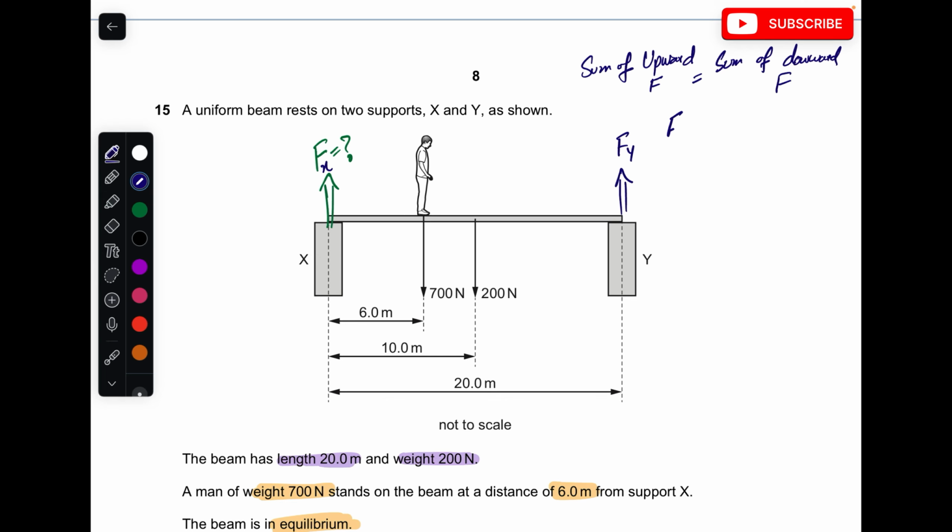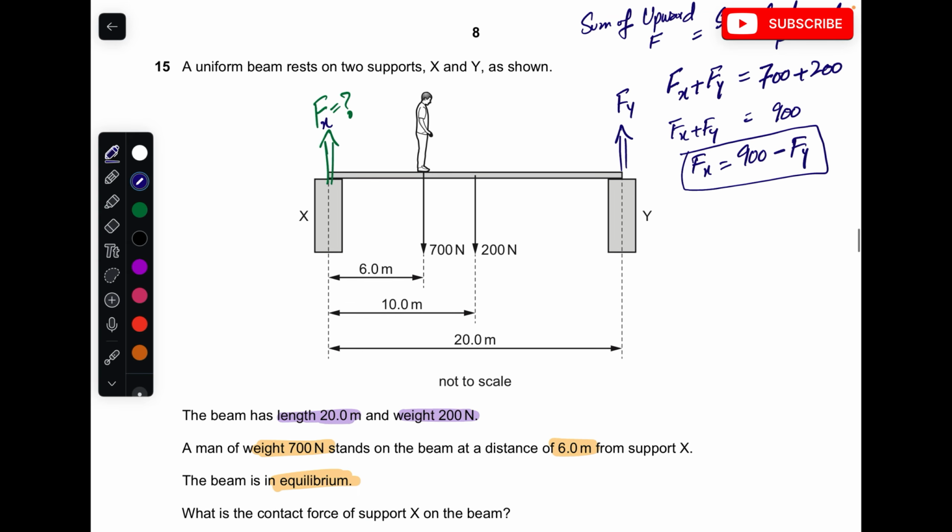Upward forces are Fx plus Fy. Downward forces are 700 plus 200. So this can be written as 900 equals Fx plus Fy. We have to find Fx, so Fx is 900 minus Fy. So I don't know what the Fy is.